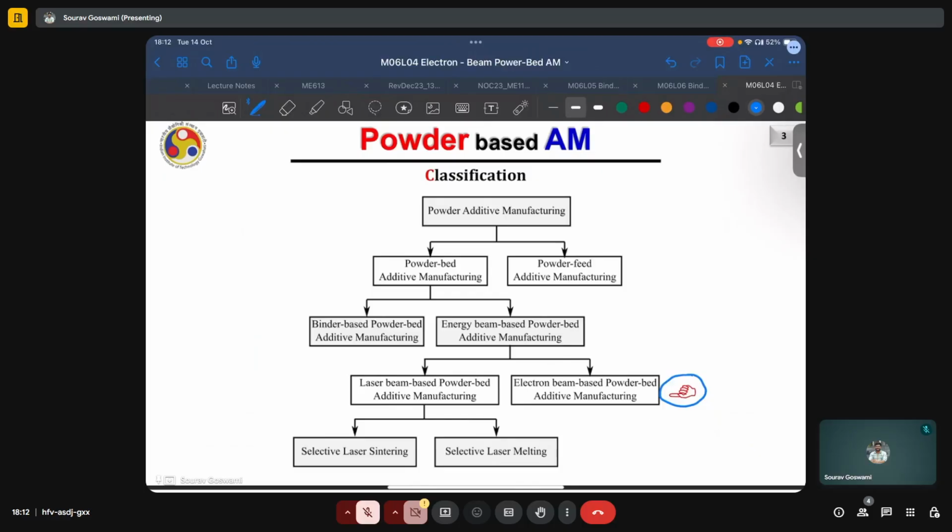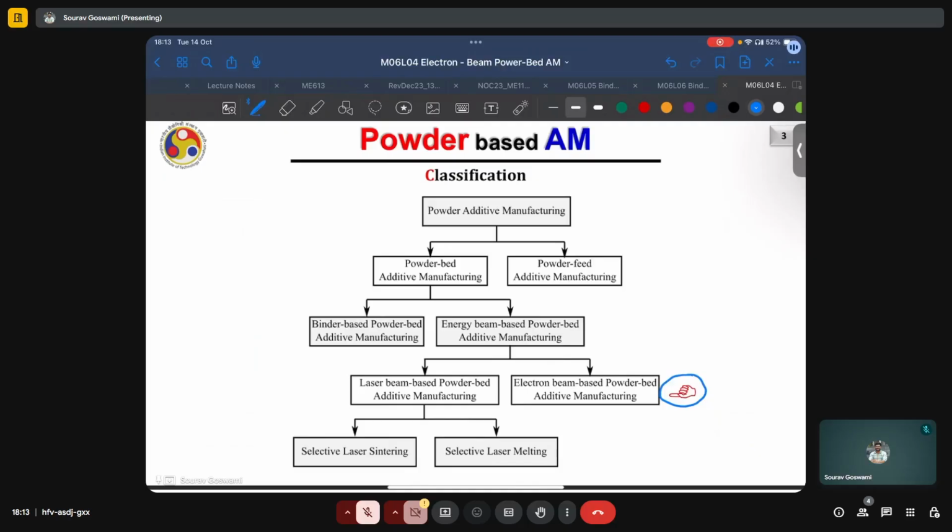In powder bed AM, we are currently looking at energy beam based AM methods and have already looked at laser beam based additive methods, which can broadly be divided into selective laser sintering and selective laser melting. Of course, as we will recall, the primary difference between the two is the method of fusion.